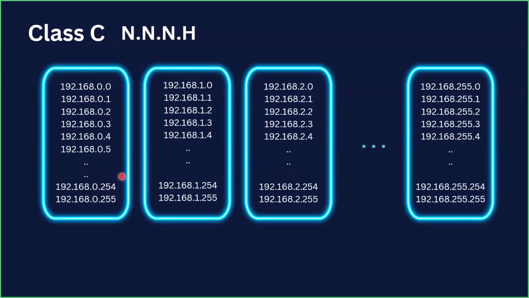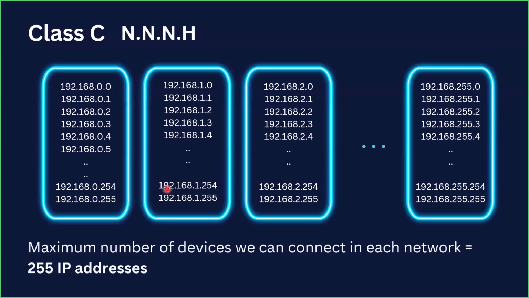But just to round it up, let's assume we can connect a maximum of 255 devices in each Class C network. This is very suitable for small networks, home networks, small organization networks, etc. They use Class C. That's why in my home network I'm also using a Class C private IP.